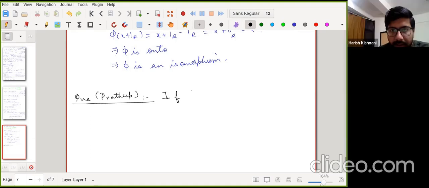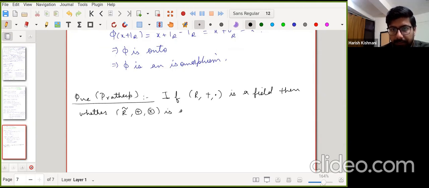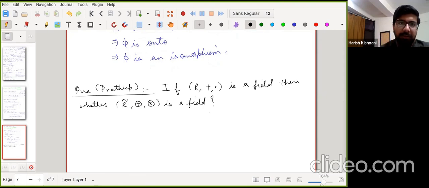So if Pradeep asks, if R is a field, then whether R tilde with plus and product is a field. Okay. So what is your guess? What do you think? Whether it's going to be a field or not?